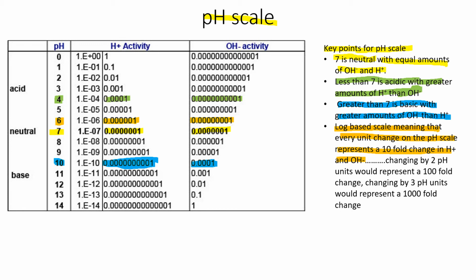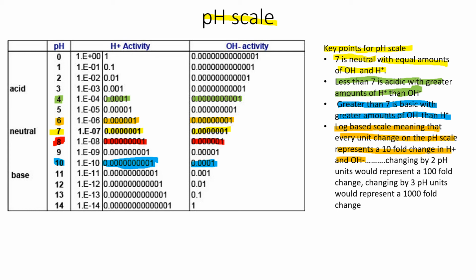And we can see that with some other points that I'm going to highlight in red. If I look at pH 8 compared to pH 7, pH 8 has 0.000001 H plus. Compare that to pH 7, 10 times less acidic. But look at what's happening with the OH minus.